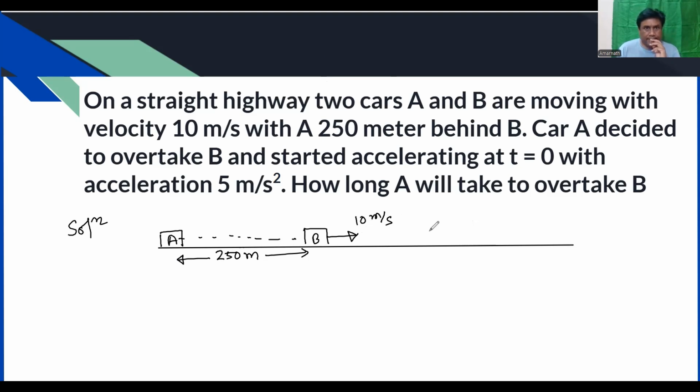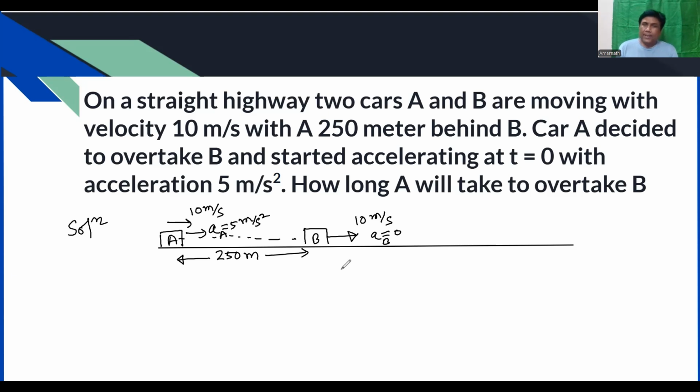Then A decided to overtake, and both are moving with the same velocity initially, 10 meter per second. Now A started accelerating. Acceleration is 5. But B's acceleration is 0 only, B is not accelerating. But A's acceleration is 5 meter per second square. So now the question is how long A will take to overtake B.